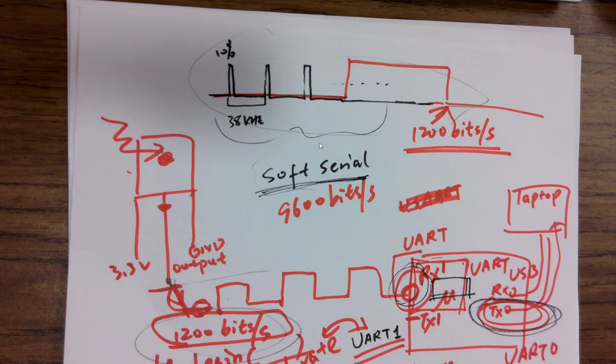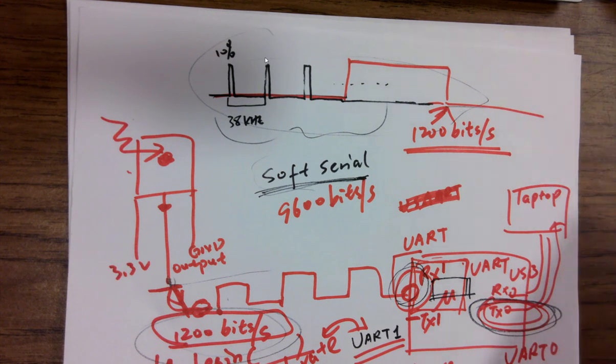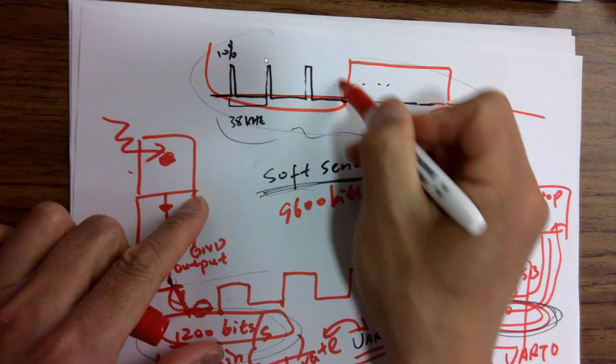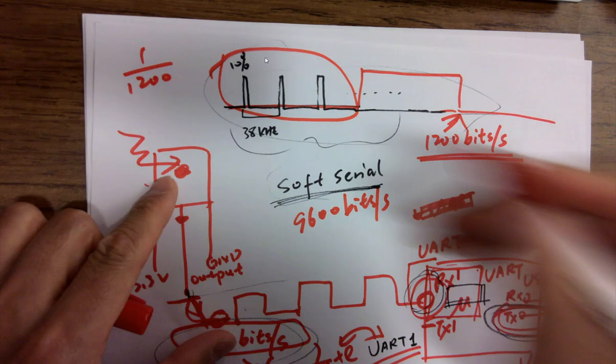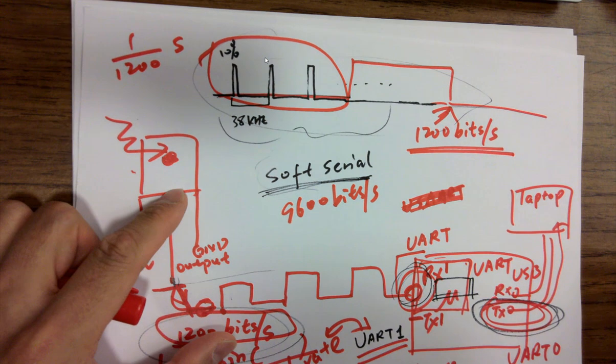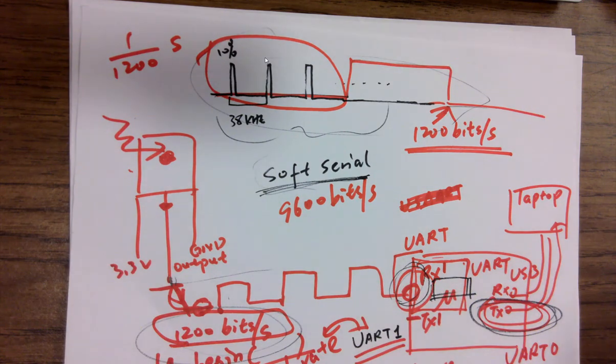That's just perfect timing because we just talked about how to create that 1200 bits per second. We're using timer 3 to do that, because this duration is how long? 1 over 1200 second. So you know the time, and the prescaler is probably 1, since we're not changing the prescaler.